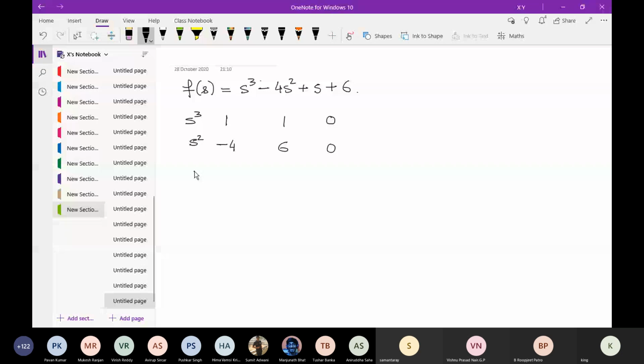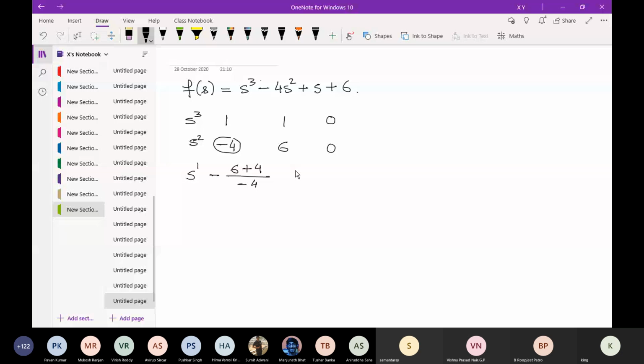You have a minus sign outside, and then 1 into 6 is equal to 6, minus 1 into minus 4, plus 4, and divide by this. So this will give me 2.5.